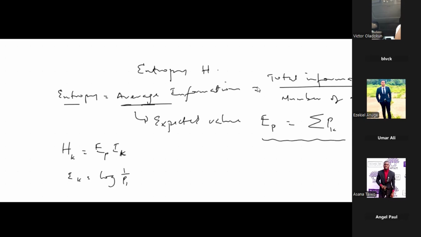So it means that the entropy, which is the same as the average information, will be the same as sigma k, taking on values within the range, of p sub k log 1 over p sub k base 2. So this is how we arrived at the formulation of the entropy H sub k.